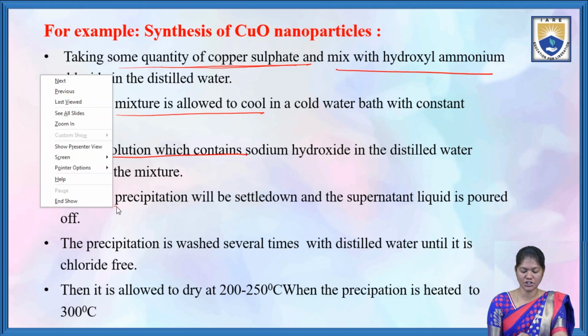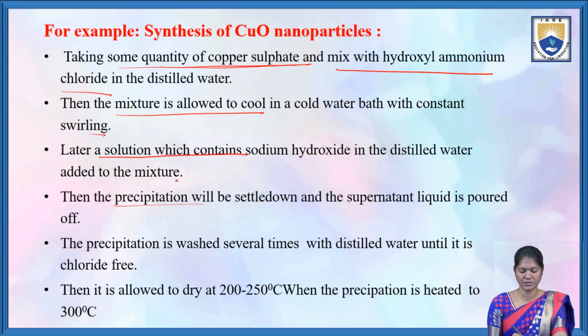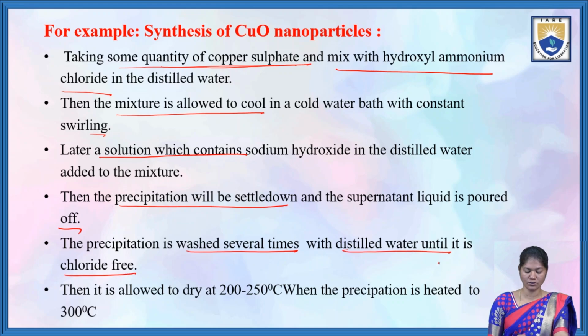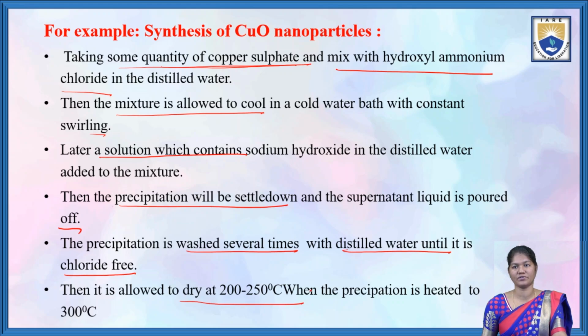Then the precipitation settles down, and the supernatant liquid is poured off. The precipitation is washed several times with distilled water until it is chloride free. Then it is allowed to dry at a temperature of 200 to 250 degrees centigrade, when the precipitation is heated to 300 degrees centigrade.